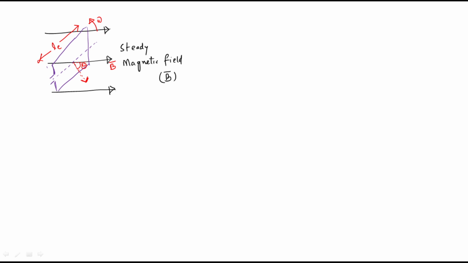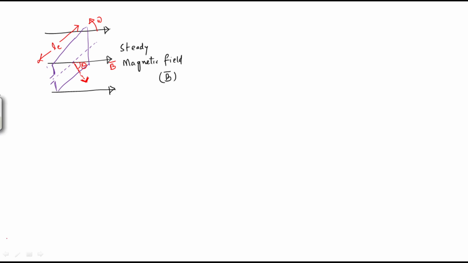This theta is present between the magnetic field and the vector which is perpendicular to the area of the conductor. So we all know that.